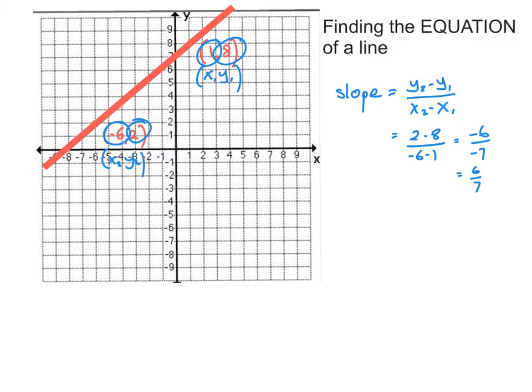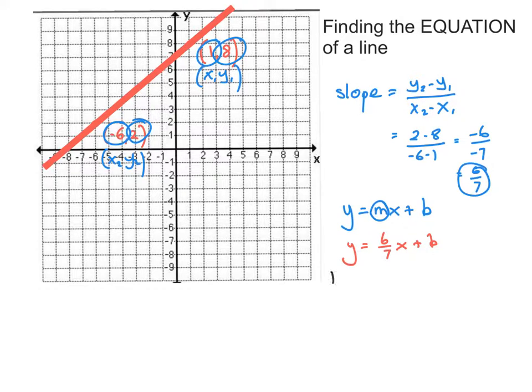And therefore we go to our equation, y equals mx plus b. And we substitute this for the slope. And we get y equals 6 over 7x plus b.